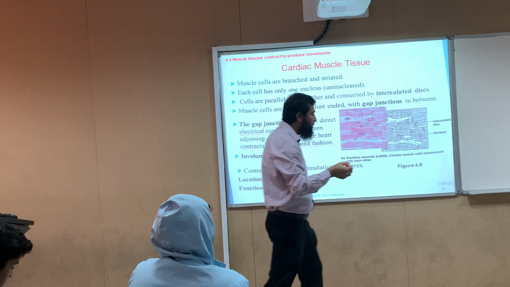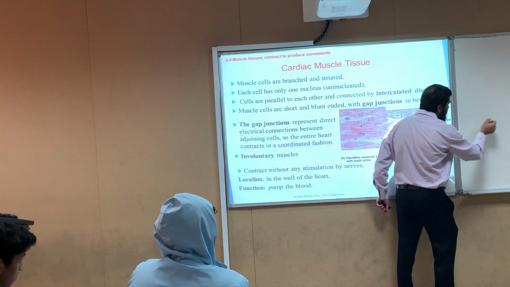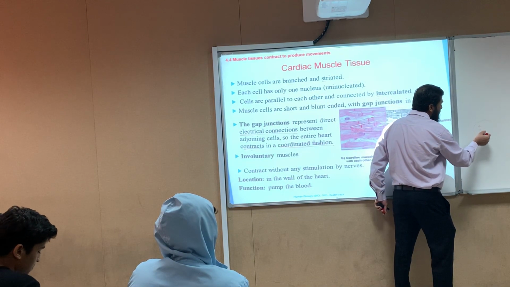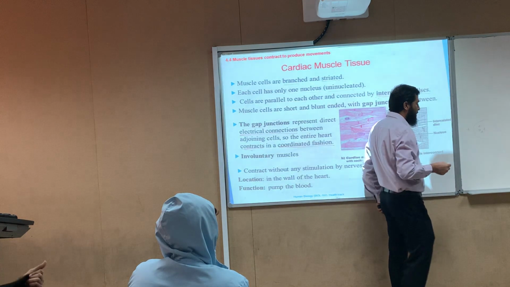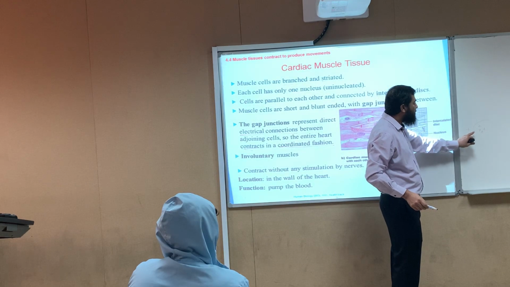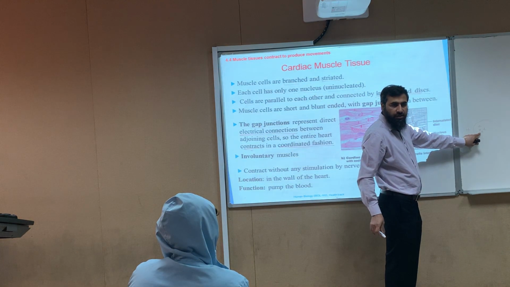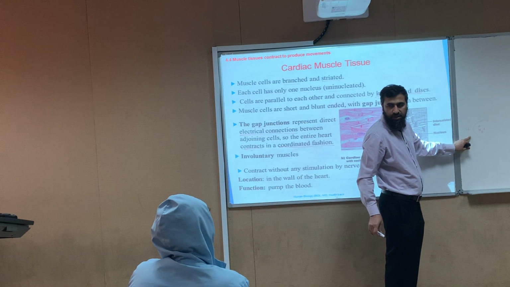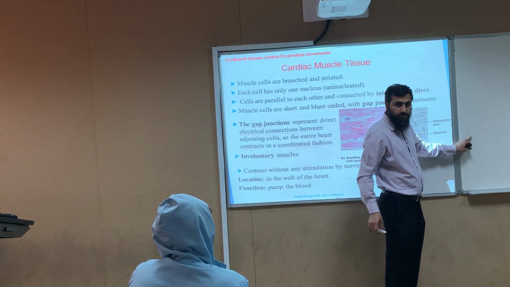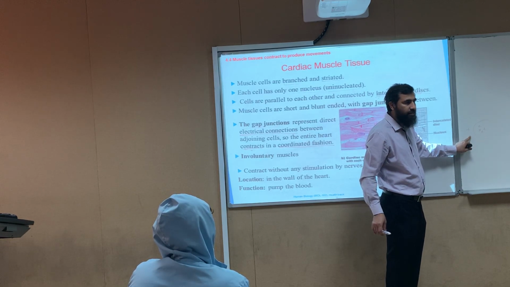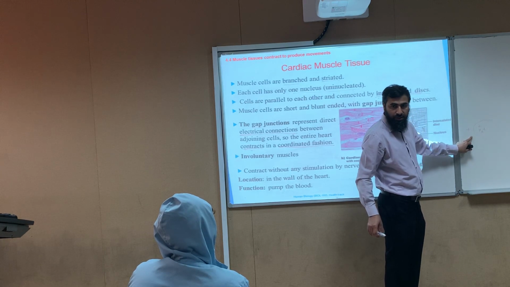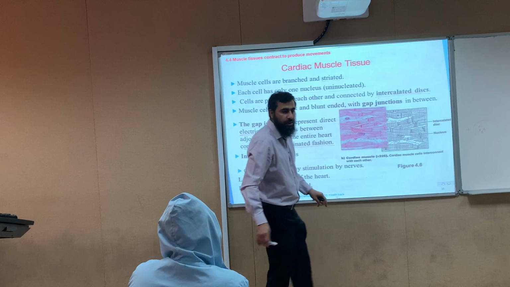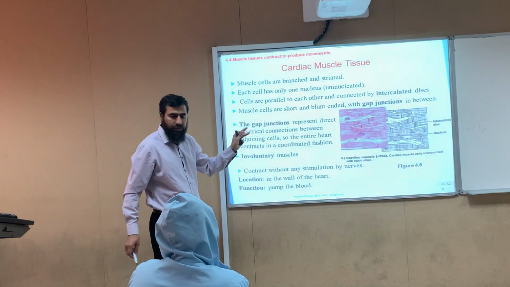So, for example, if you have a cell here, you have like 4 positive ions there and 1 positive ion outside. Compared to that, the inside of the cell is positive, while the outside is considered negative, okay? All right? This is called the polarization or depolarization of these cells.